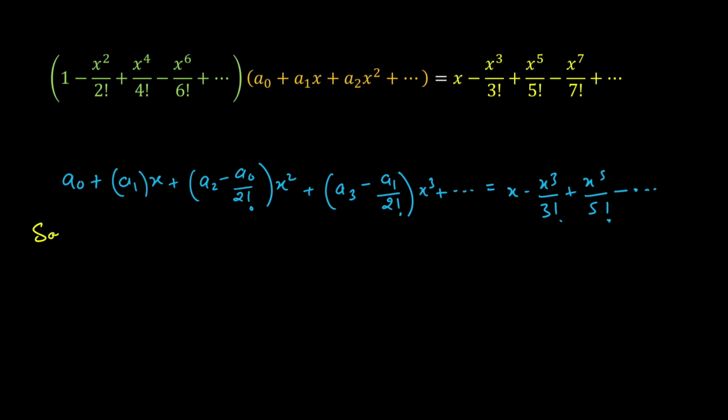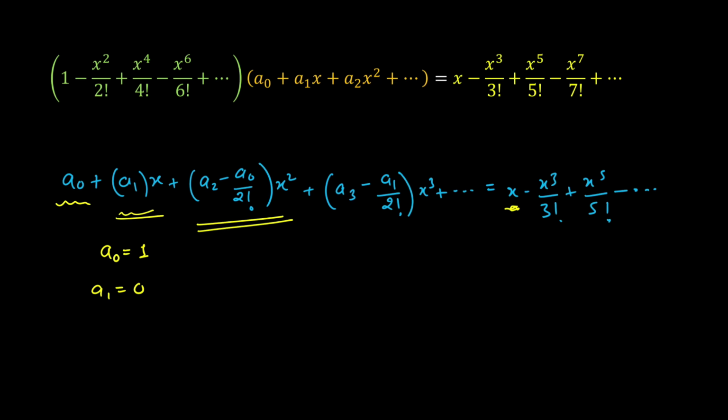Now since both LHS and RHS are the expansions of sin x, we can compare their coefficients. Like a0 equals 1, that is constant term equals constant term, and a1 equals 0, means the term containing x should be equal to the term containing x, that is x power 1.